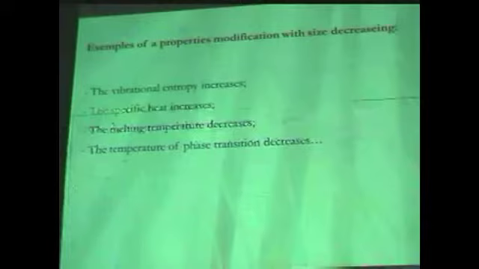I'll give some examples where the properties will modify as the size decreases. For instance, the vibrational entropy increases as the size decreases, the specific heat increases, the melting temperature decreases, and the temperature of phase transition decreases.